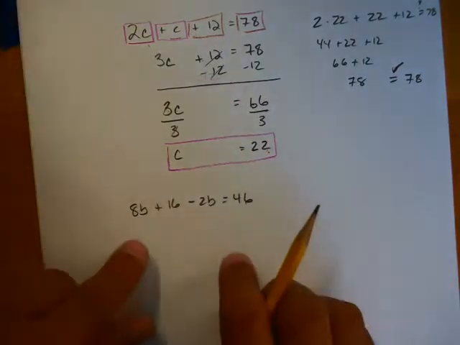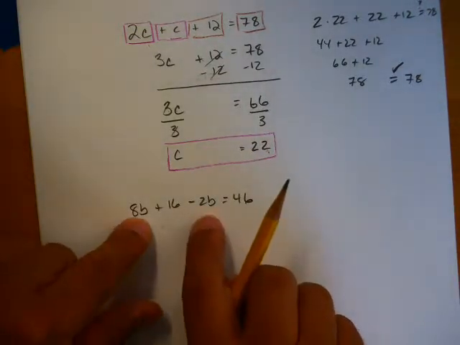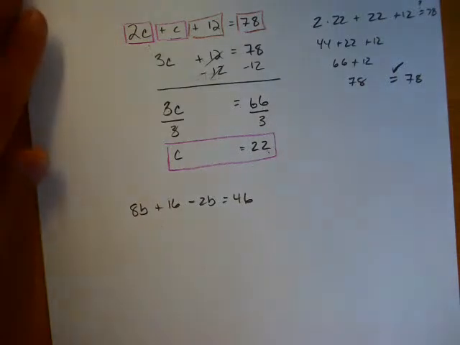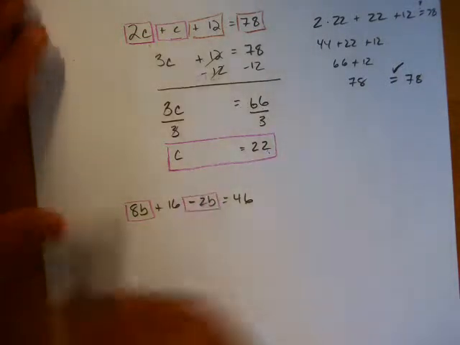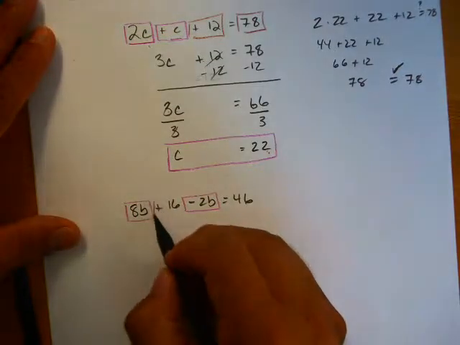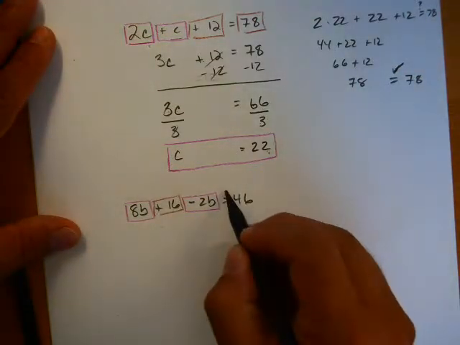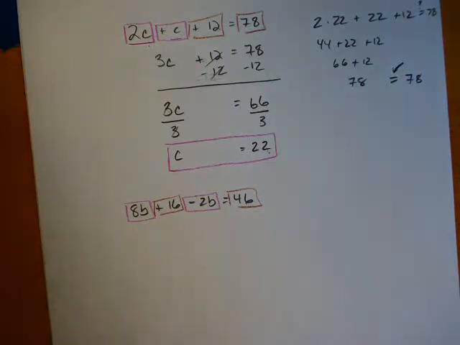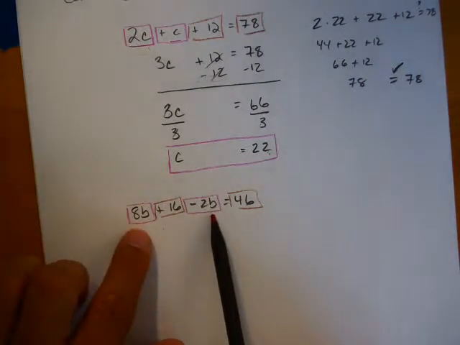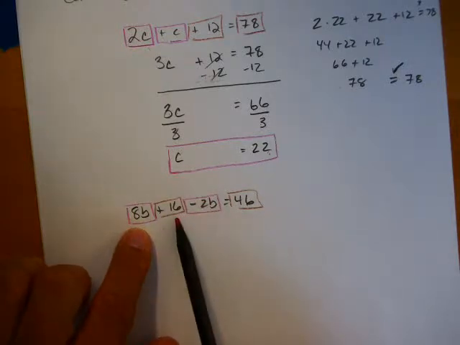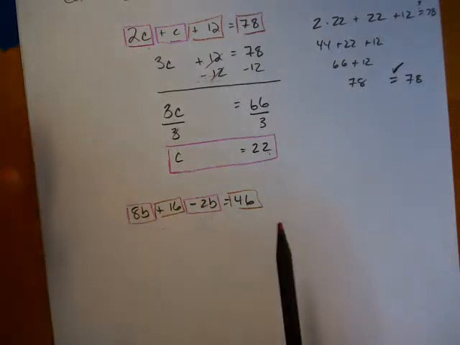Now, in this problem, I see 8b here and negative 2b here. Remember that the terms include the operations in front of them. They are stuck together. So I'm going to combine these two pieces right here, and not including this 16, which doesn't have a b on it.